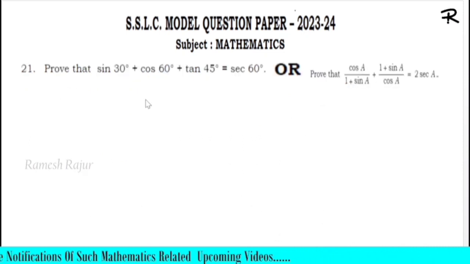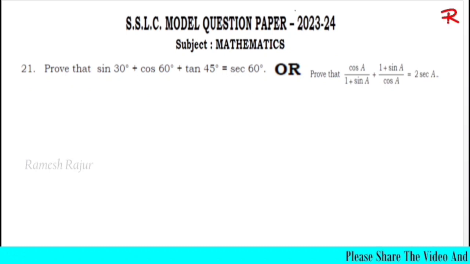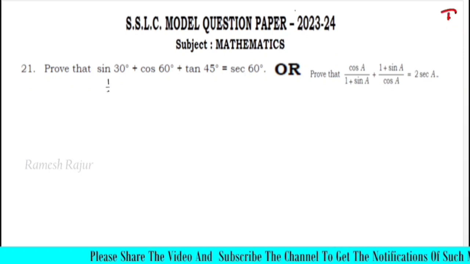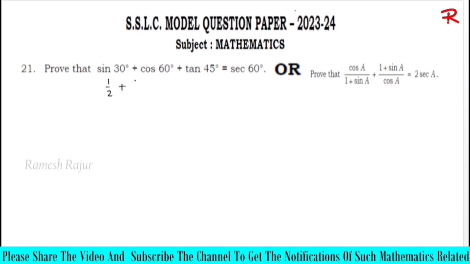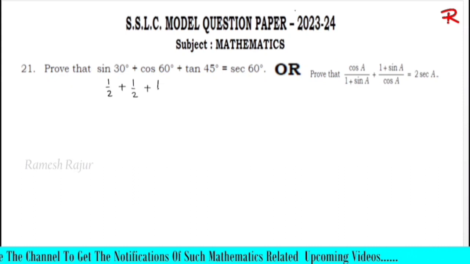Moving to the next question, prove that sine 30 plus cos 60 plus tan 45 equals secant 60. Here we have the value of sine 30 as 1 by 2, plus cos 60 as 1 by 2, and tan 45 as 1.